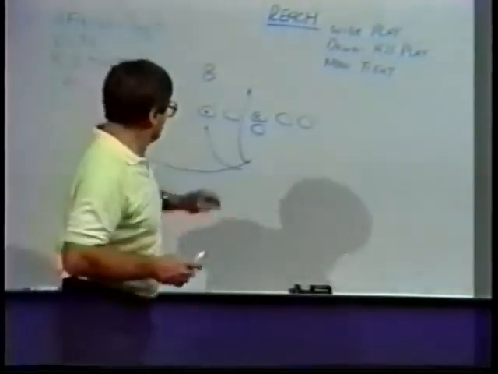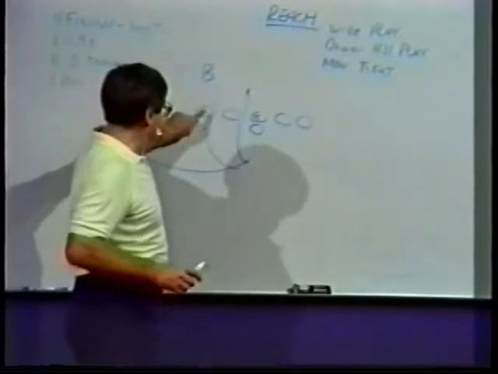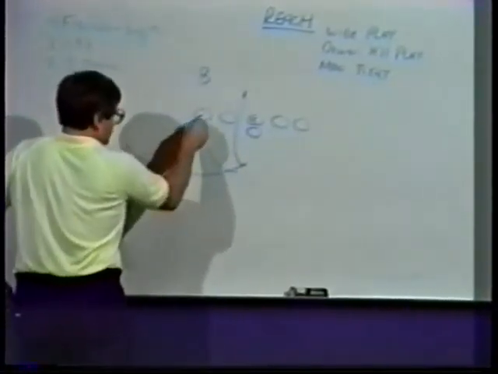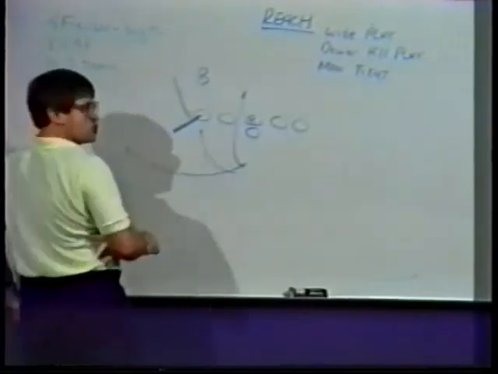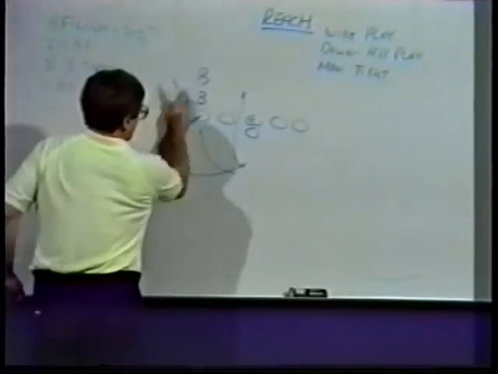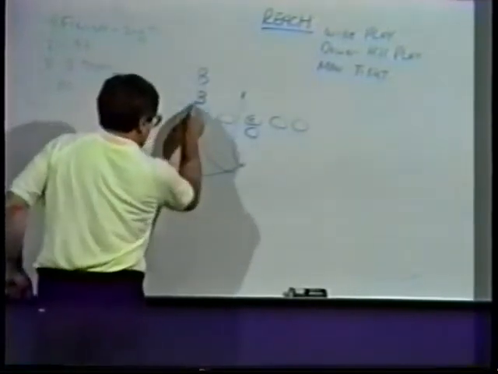What I've said to you is, the deeper the linebacker over the top of you, the deeper and wider your drop step has to be to get over here and get your position on him. If the linebacker were closer up in front of you, you wouldn't have to drop as wide to get your position on him.